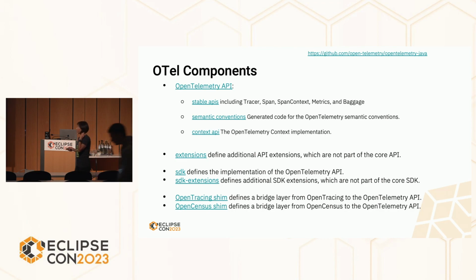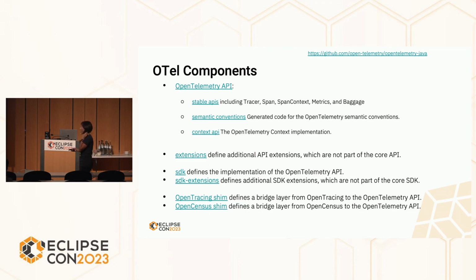And also the context API, some bits of the context API are stable as well. Also, it has a bigger extension framework, which defines additional APIs that are not part of the core APIs. Core APIs are defined by the OTel specification.